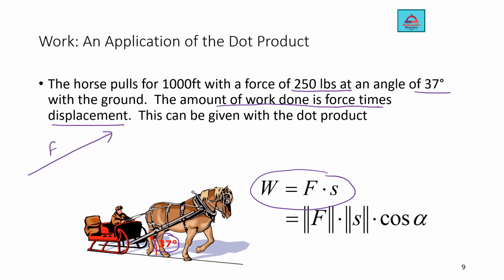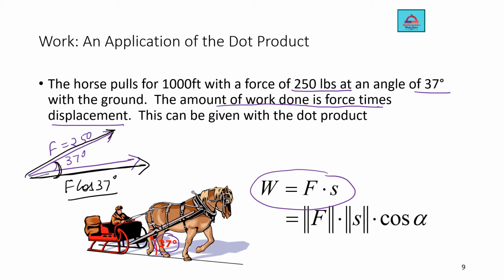So if you see this force, I'm just drawing a rough diagram here. This force, which is actually 250, is making an angle with the horizontal of 37. So if you break this force into its horizontal component, then it will be F cos 37, right? The angle is given to you. So the horizontal component is what we need for the force, because that's what is making 37 degrees.